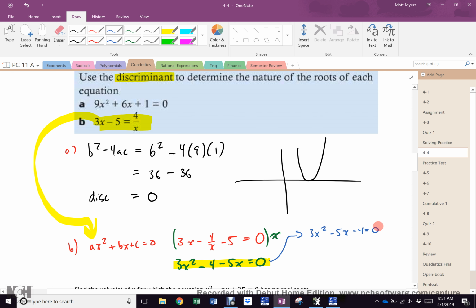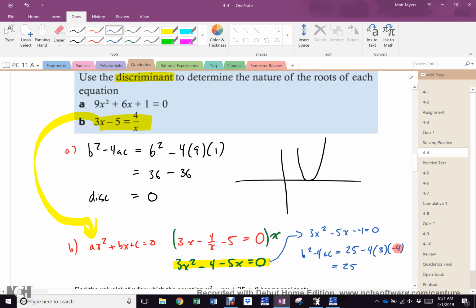Now can I do the discriminant? And the discriminant is b squared minus 4ac, which is 25 minus 4. What's a? 3. What's c? Negative 4. 25. What's negative 4 times 3? Negative 12.